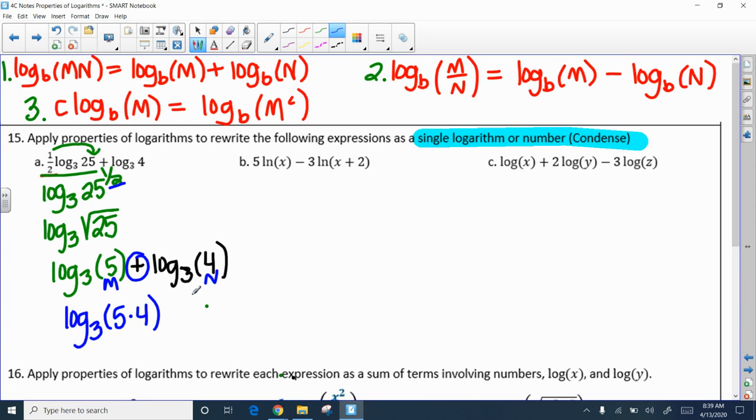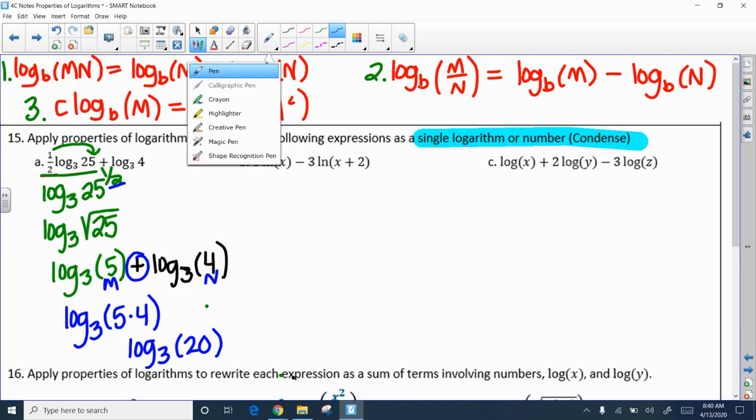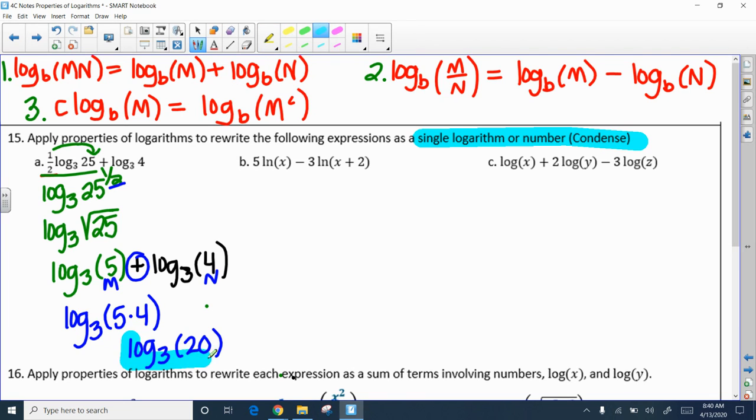Because those are actual numbers, I can multiply them together. So we end up with log base 3 of 20. So that's our final answer because now it is written as one single logarithm rather than two logarithms. So that's our goal when we're trying to condense. All right, let's look at example B.